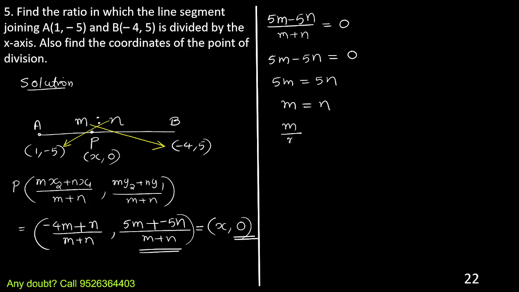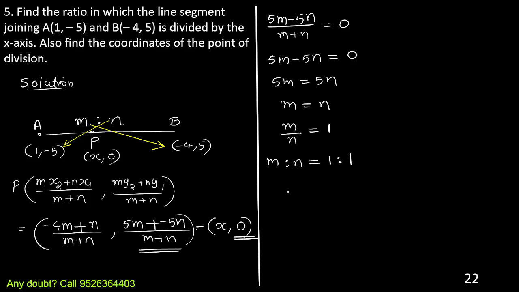Or m by n equal to 1, that is 1 is to 1. What is m by n? m by n is 1. So the ratio m is to n is equal to 1 is to 1.